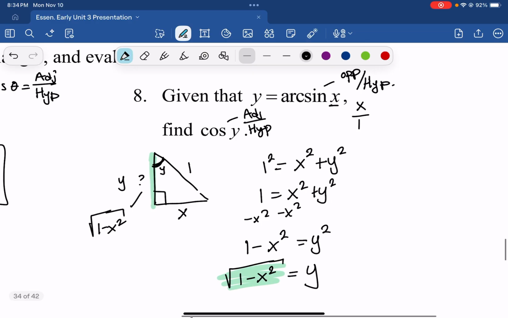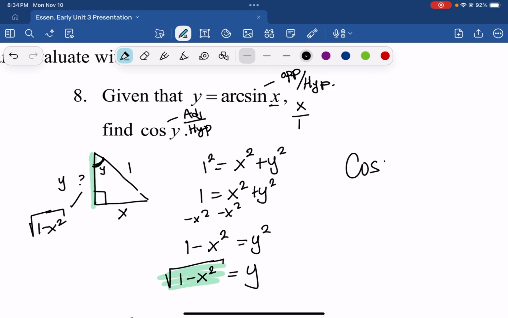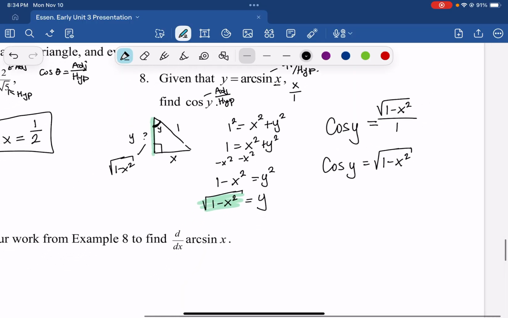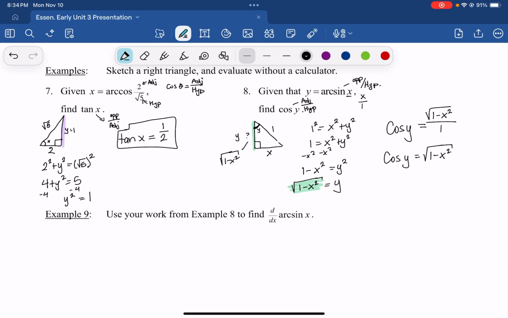Now we're finding our cosine of y. Cosine of y equals my adjacent side, the square root of 1 minus x squared, over the hypotenuse. Simplifying, I get cosine of y equals the square root of 1 minus x squared. Now, example 9: use your work from example 8 to find the derivative of arc sine of x.